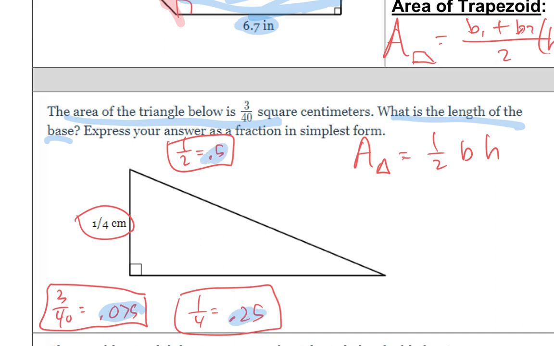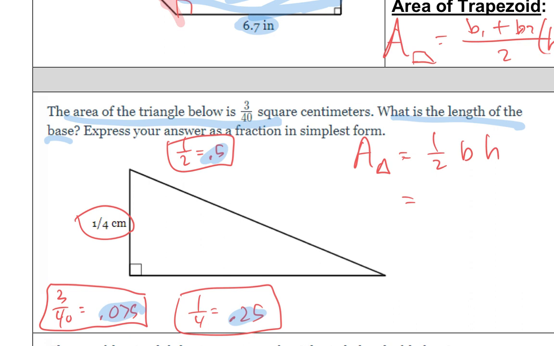All right, so now let's just fill in what we know. Pause the video for a moment, and see if you can enter the information that we know into this formula right over here. Hopefully you tried. The area is 3/40 square centimeters, so that's what they give us.